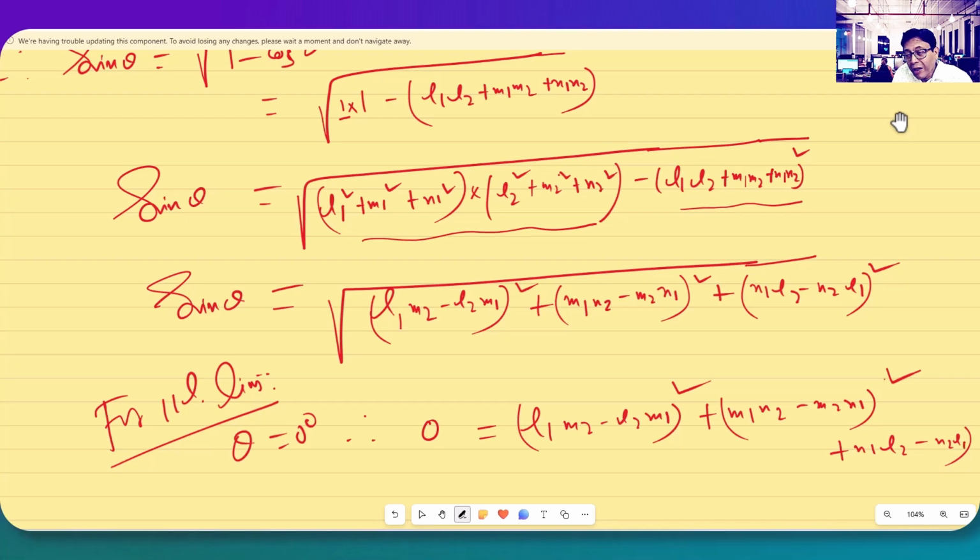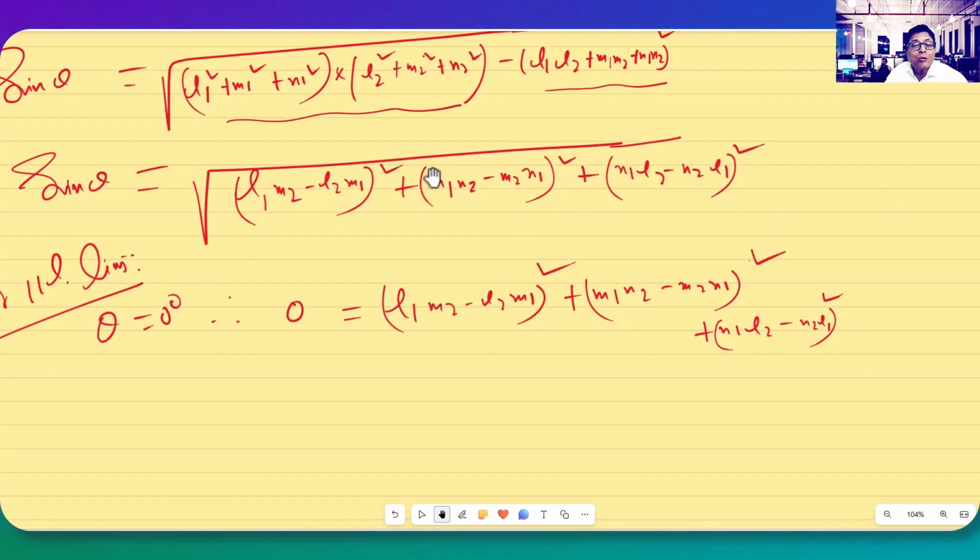No proof of Lagrange's identity is required. I have just done it for the sake of understanding. In exam, don't expect detailed questions based on it. Okay, it is just for derivation purpose. Now, sum of three squares going to be equal to 0, so they are separately equal to 0.